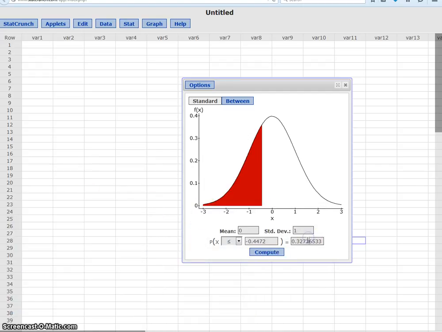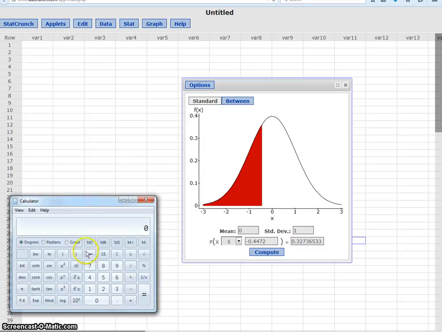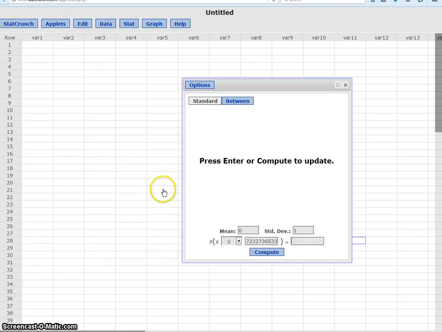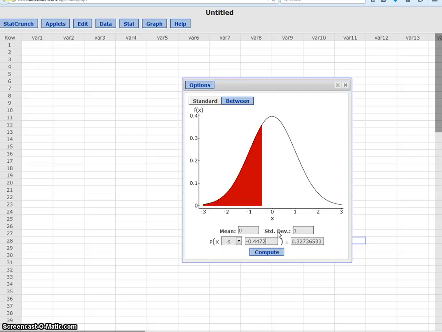So if I double that number, I'm just going to copy this number into the calculator. It was negative 0.4472, right, that gives you this area.